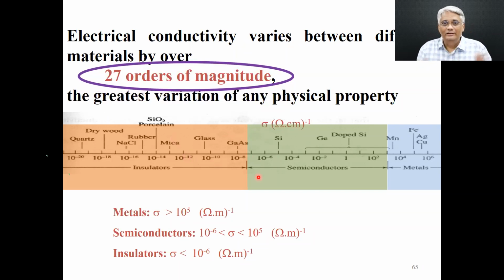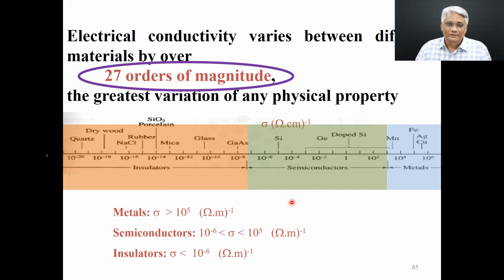I don't think any other measurement can give rise to so many orders of change in magnitude while measuring one single property called conductivity. Of course, the measurable property is resistivity. The inverse of that is conductivity. So you see the conductivity ranges of metals, semiconductors, and insulators given here.